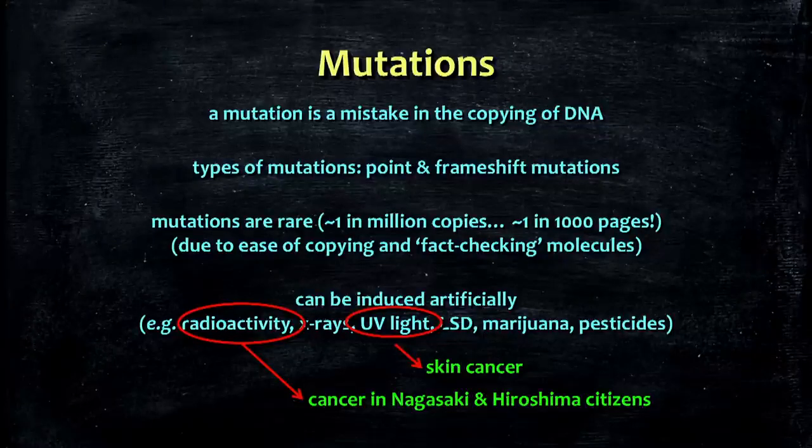We saw that in the case of Nagasaki and Hiroshima, where the atom bomb was dropped on those cities, and people years later would form cancer in various cells of the body because of the radioactivity. The dropping of the bomb produced mutations that ultimately led to cancer.